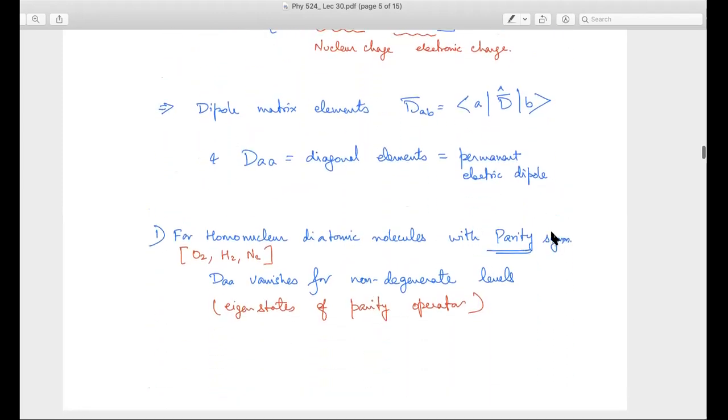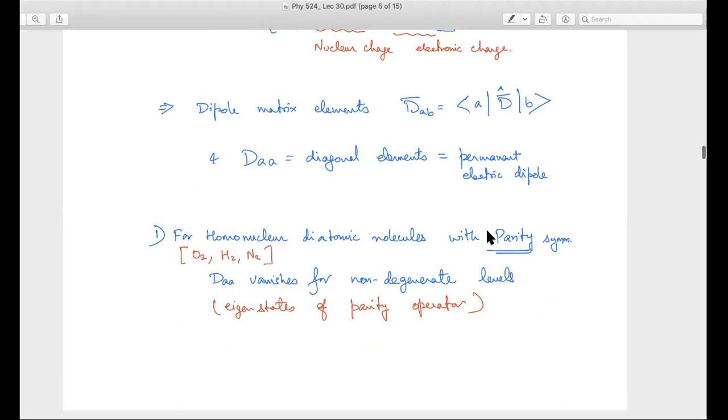In particular, if you consider homonuclear molecules, oxygen, hydrogen, nitrogen and things like that, then they have this parity symmetry. The whole coordinate is symmetric around the origin, so I change R to minus R. That's a parity operator, and the Hamiltonian commutes with that operator.